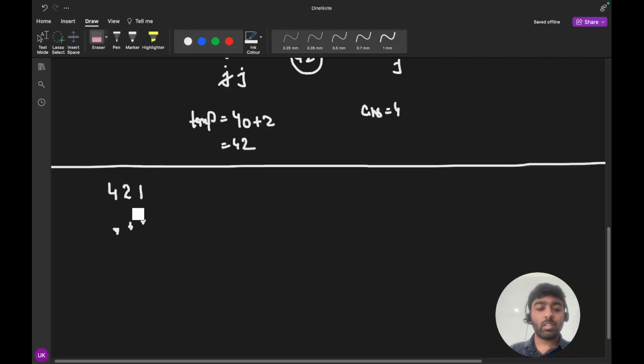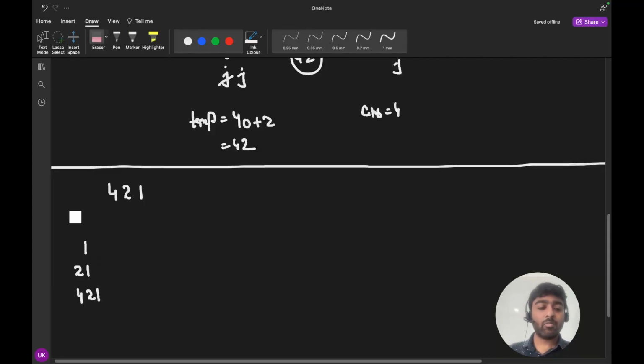See how. If I ask you only for the contribution of this 1, I will see in how many substrings this 1 is coming. This 1 can come as a single, with 2, 1, and with 4, 2, 1.